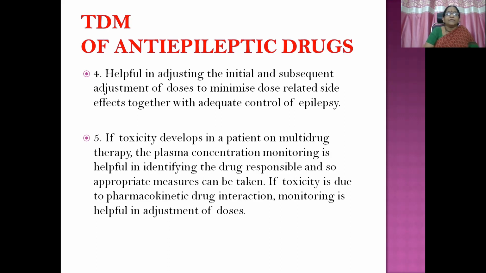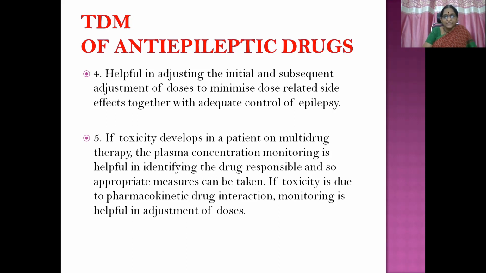If toxicity develops in a patient on multi-drug therapy, plasma concentration monitoring is helpful in identifying the drug responsible, so appropriate measures can be taken. Sometimes on monotherapy the patient may fail to respond, so you go for combination therapy. If you have put the patient on two drugs and toxic manifestations result, we don't know which drug is responsible.